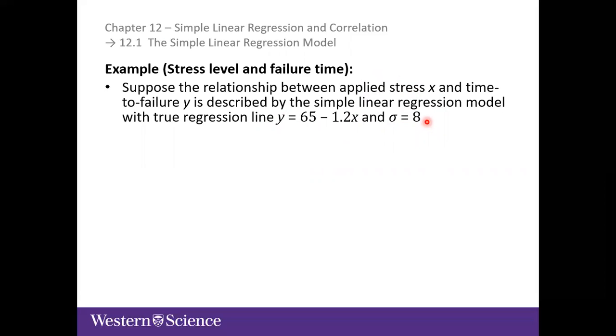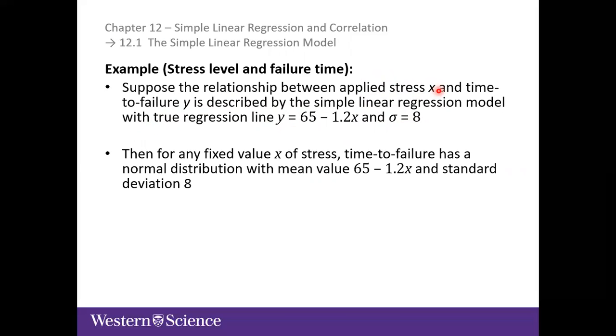Assume that is the suitable relationship between the time to failure y and the applied stress level x. Then we might want to see how we can use this linear regression model.